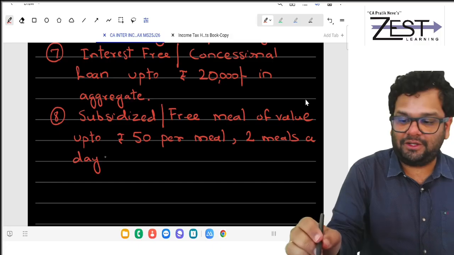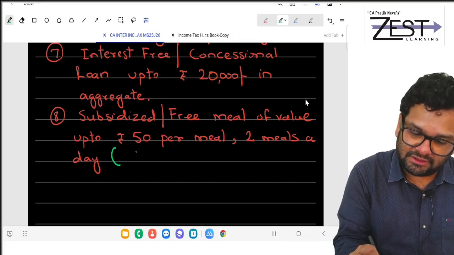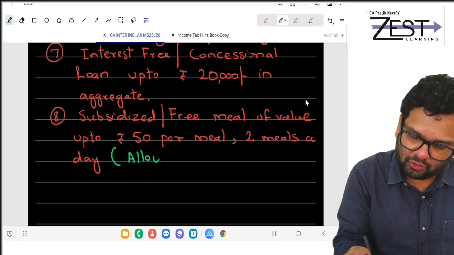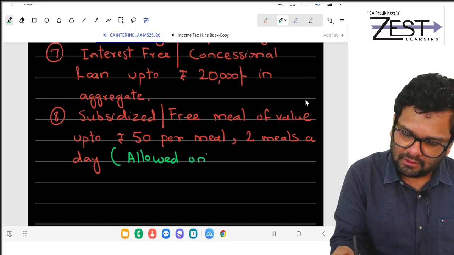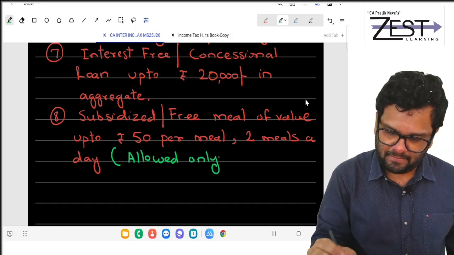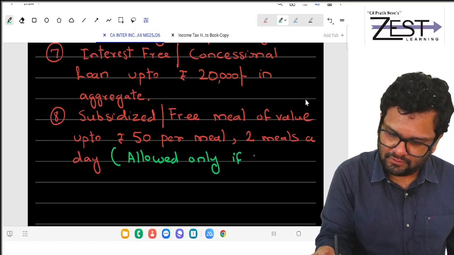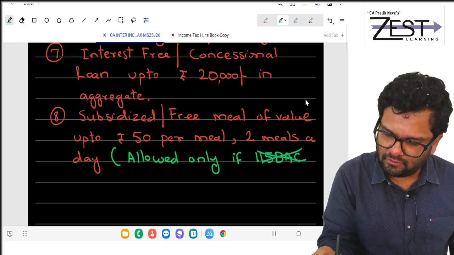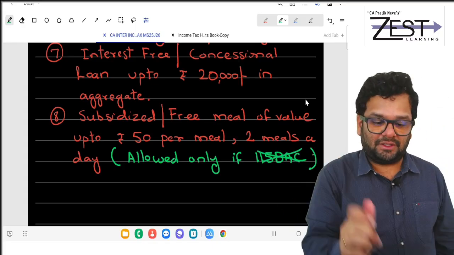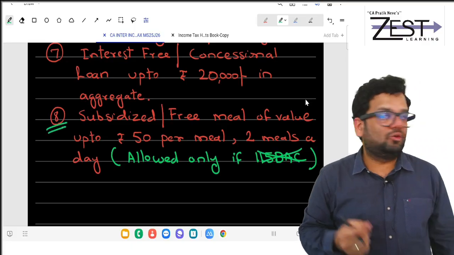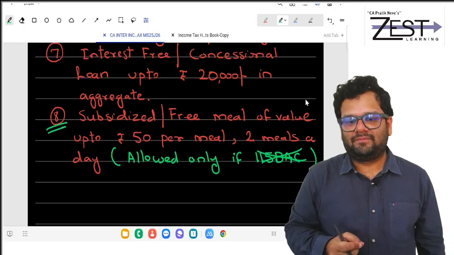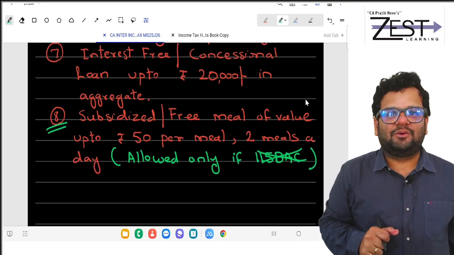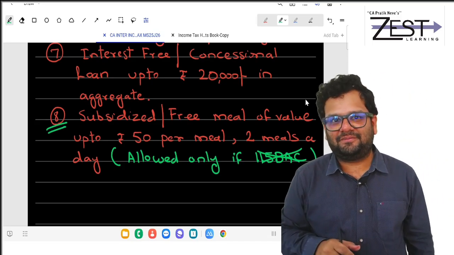But one point: this is allowed only if you are opting out of 115 BS. Especially this one, only the last one I am discussing. The rest of them are allowed for all, tax free. Okay, so you understand these points.